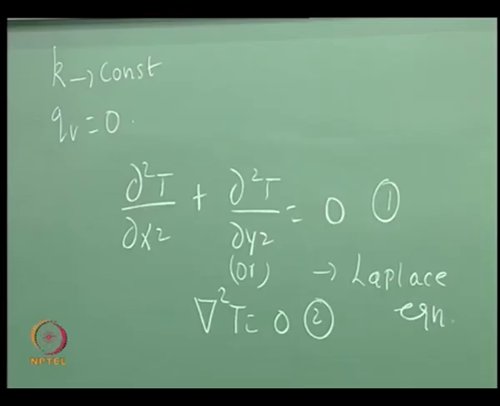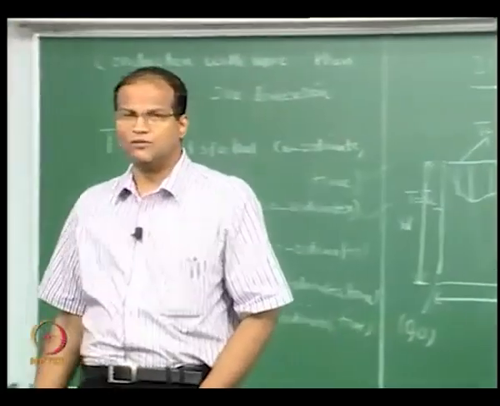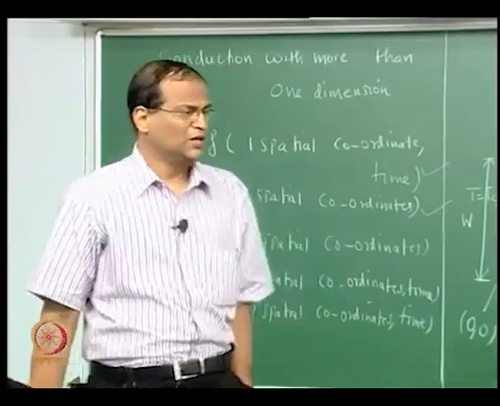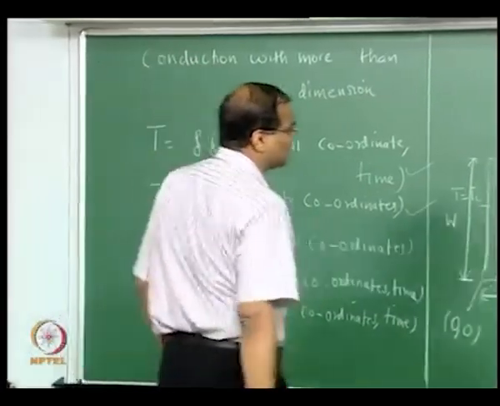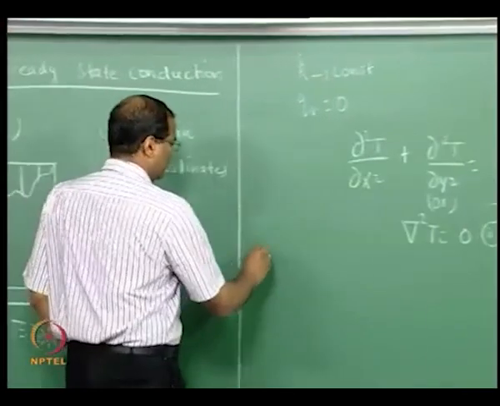Okay. Now we want to solve this analytically using a very powerful technique called the method of separation of variables. The method of separation of variables starts like this. We first assume a product solution.